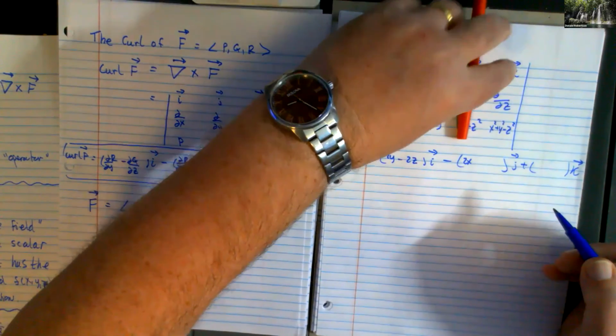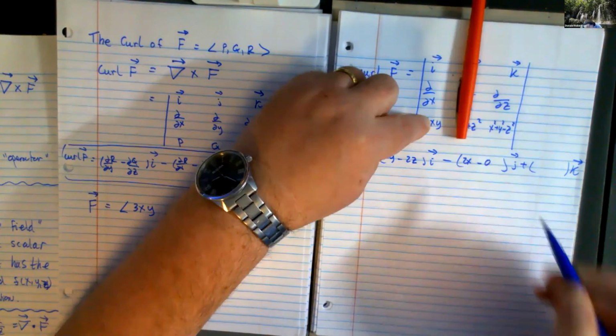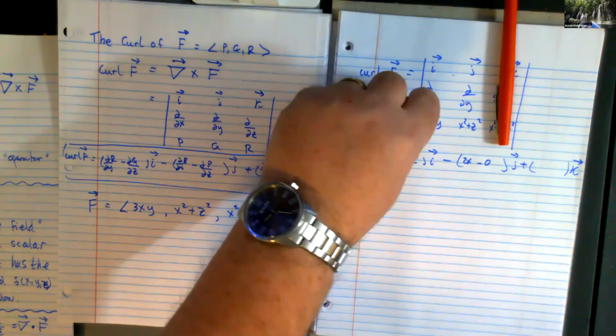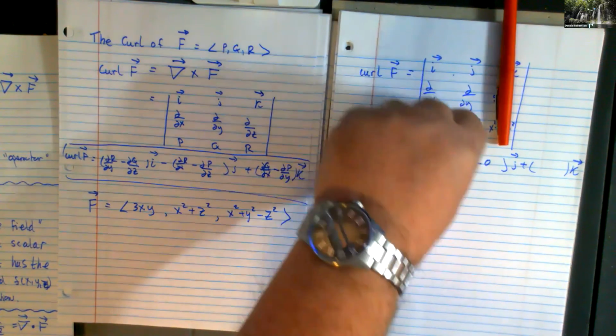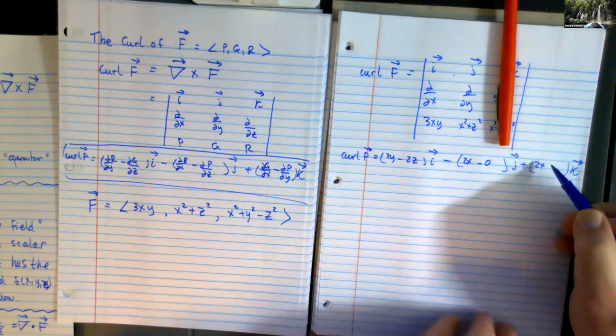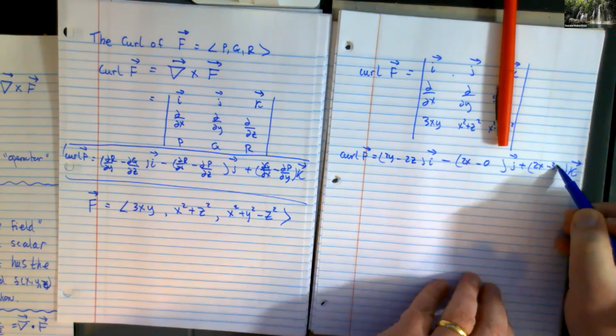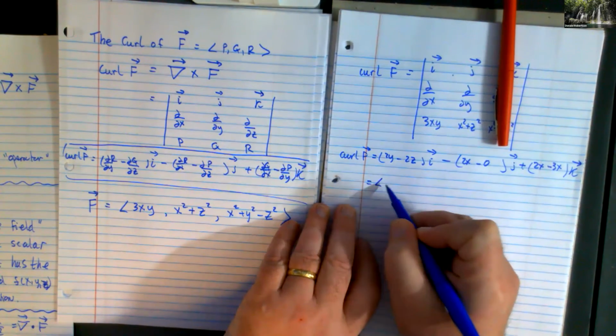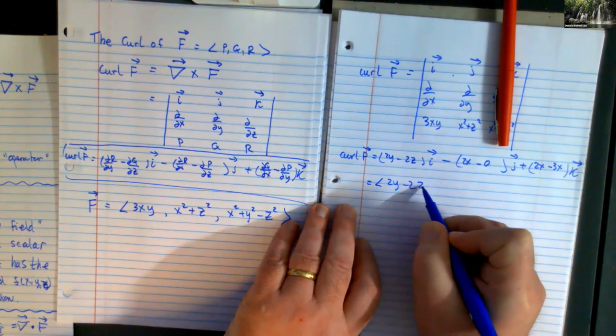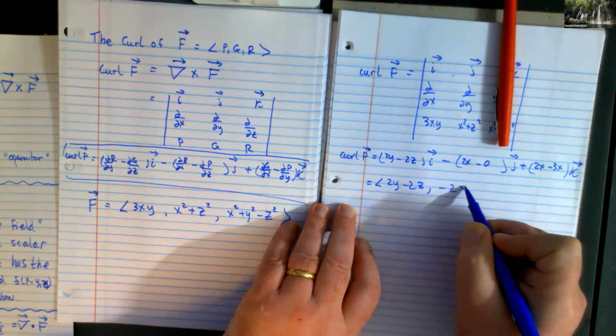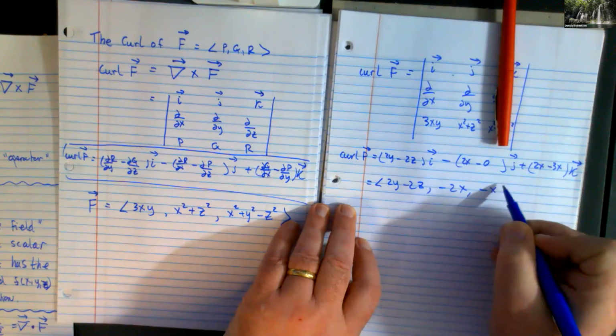Well, if you do this with y, you just get nothing. And the third one, if you're going this way, with x's, you get 2x, take away, going this way, 3x. Then you make it look pretty. 2y, take away 2z, comma, negative 2x, comma, negative 1x. We now have our curl.